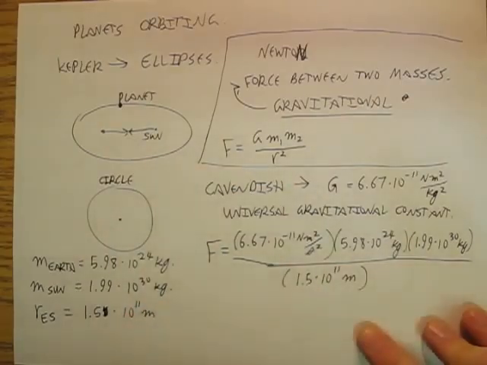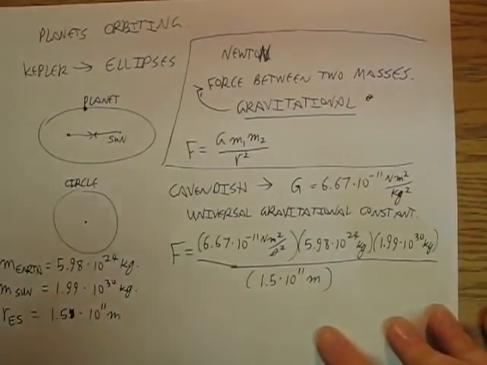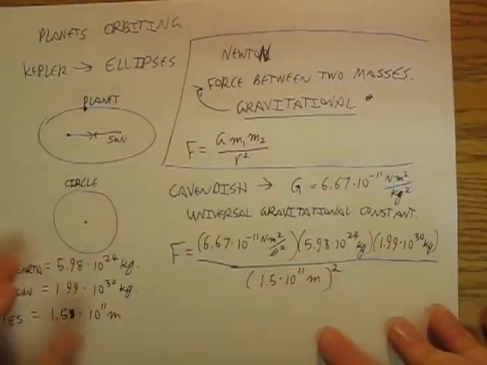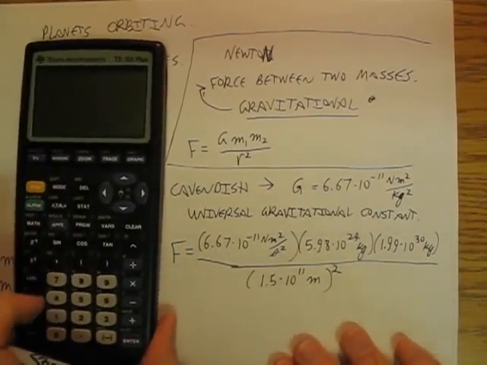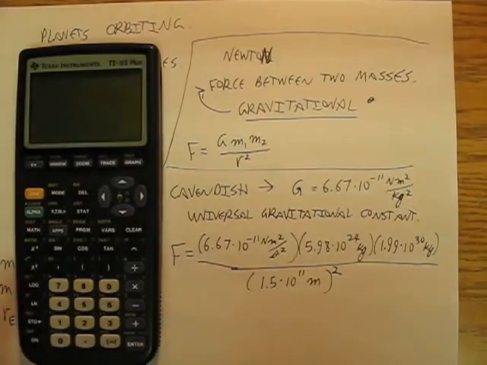And then, please don't make me say it, remember to square it. I can't tell you how many times people will say, I didn't get the right answer. It's because you forgot to square the bottom.